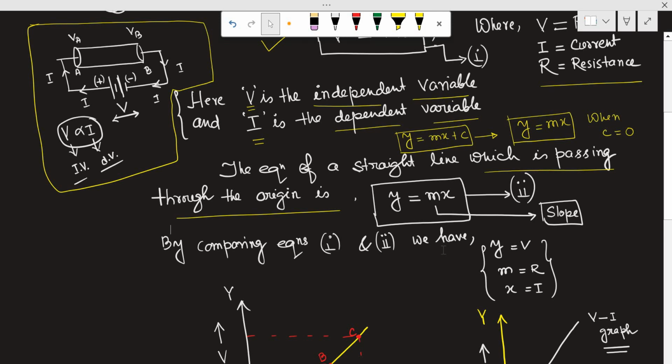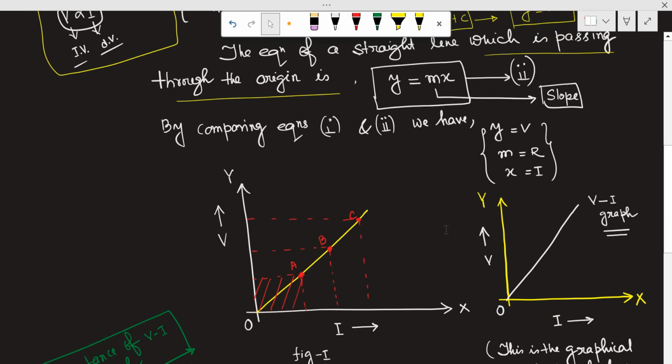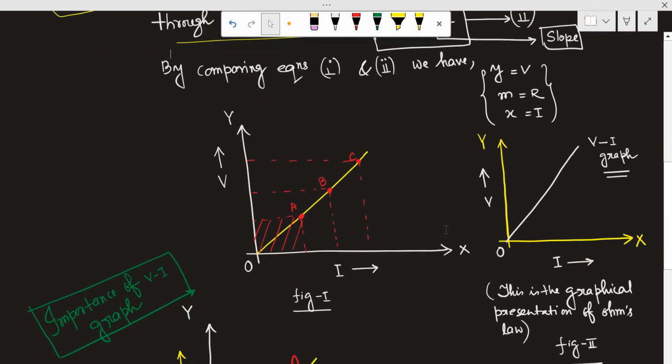So that's why it is very important to compare the quantities with the standard equation of a straight line. So after comparing, we observe that y equal to V, m equal to R.